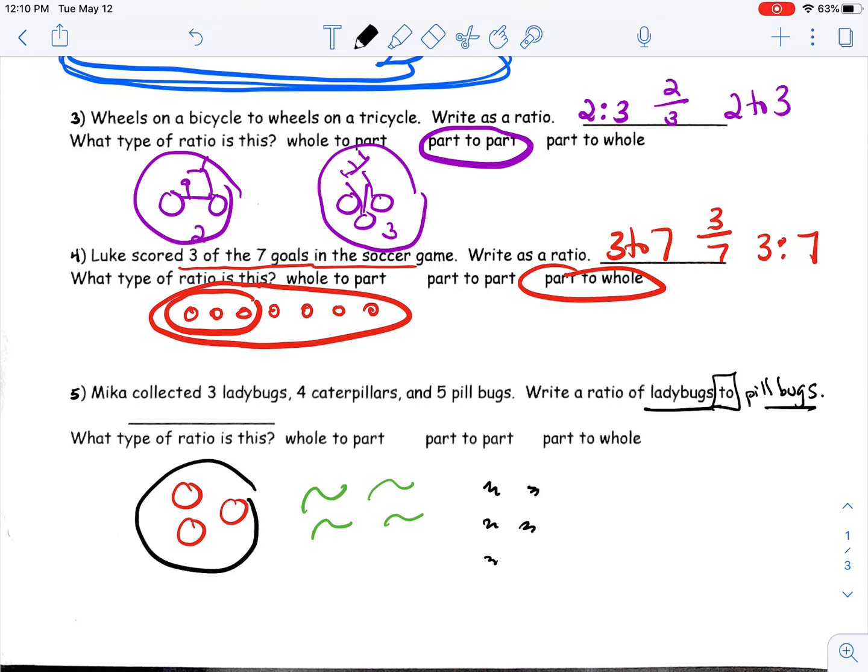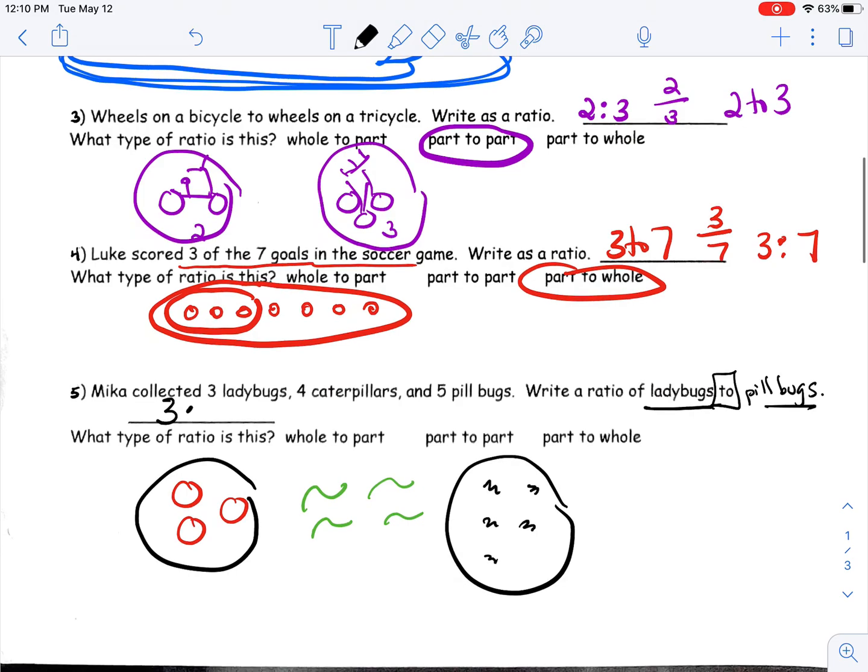Here's our ladybugs, 3 of them. And here's our pill bugs, 5 of them. Ladybugs are part, pill bugs are part. So this is a part-to-part ratio, 3 to 5. All right, I hope this helped you understand classifying ratios as part to part, part to whole, or whole to part.